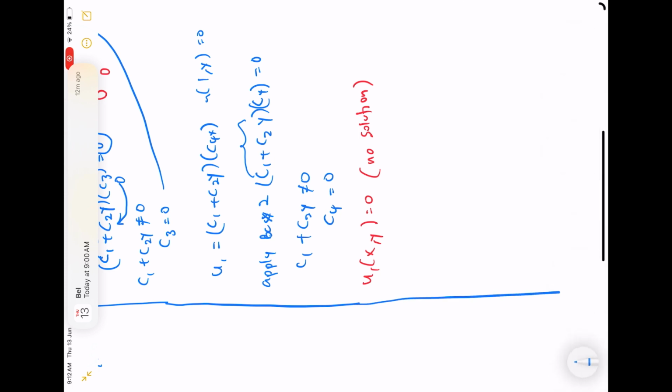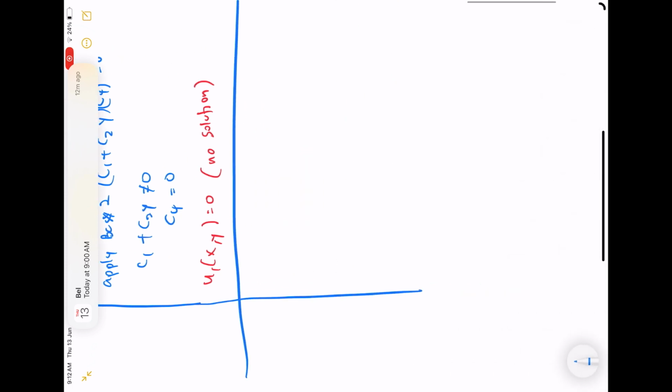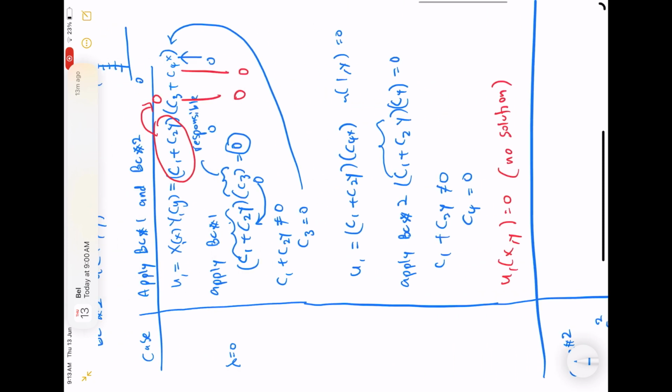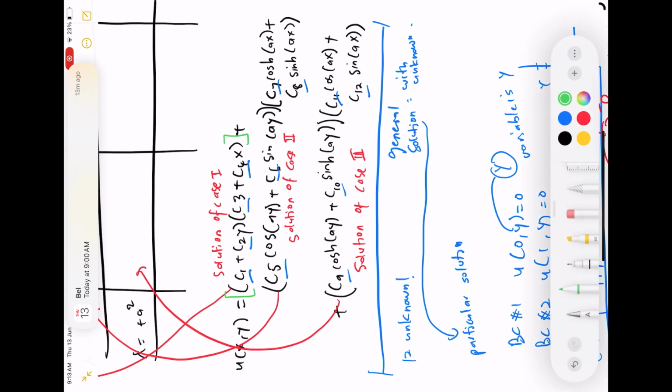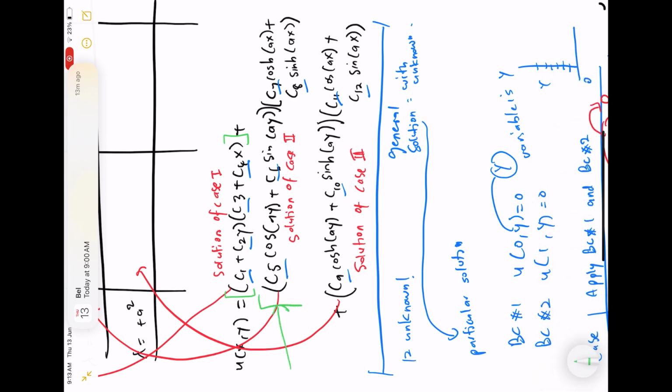Now we continue with case number 2. Case number 2 is where lambda must be equal to negative a squared, with a greater than 0. For case number 2, the values are from c5 until c8.